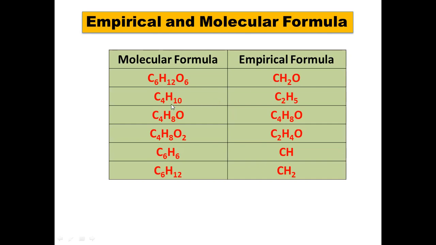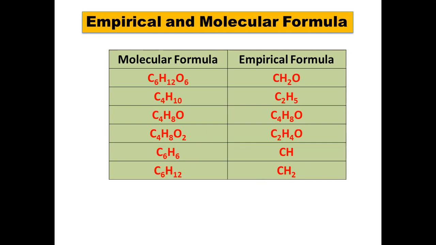Similarly, another example is C4H10, where the empirical formula is C2H5, so that is a whole number ratio. And for C4H8O, the empirical formula is C4H8O. So these are several examples based on the molecular formula and empirical formula.